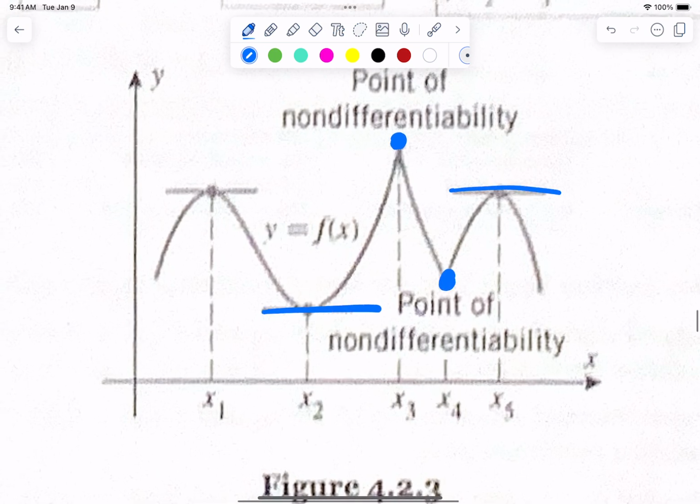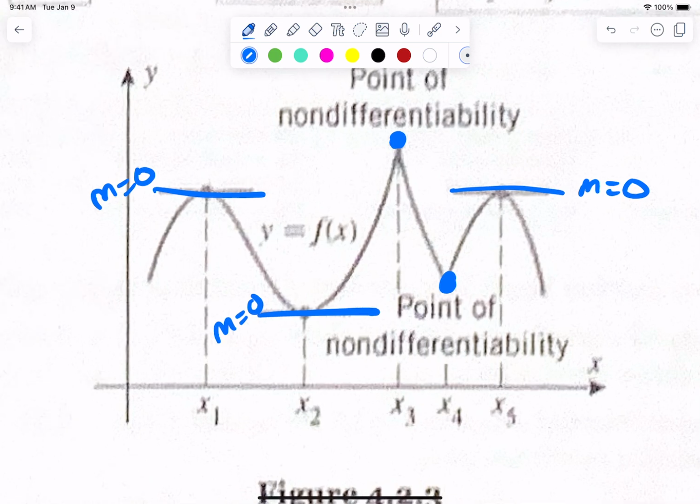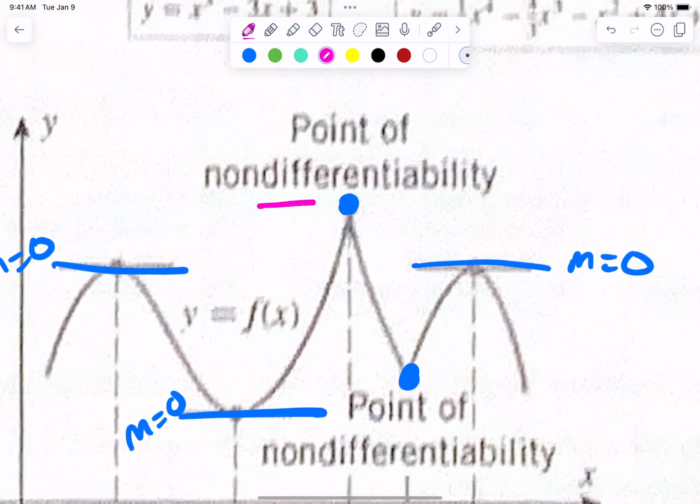But at maxes and mins, you have a derivative, and his derivative is 0, or his slope is 0. Now, the reason why they don't have horizontal tangent lines like those ones do is because a tangent line touches at only one place, right? But think of this being like a tip right here. I could draw a line that way and he would only touch at one place, or I could draw a line this way and he would only touch at one place.